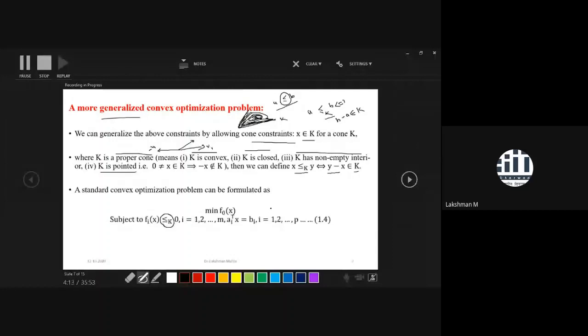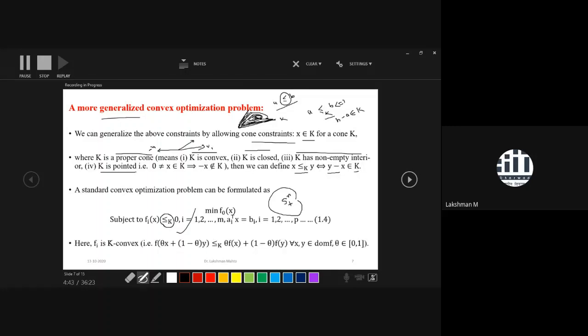If you take the collection of all semi-definite matrices, that is S_n plus, then it forms a cone. So if your feasible set happens to be this kind of thing, then you have to go for this kind of problem. But we won't discuss those problems here in this course. Just for a generalization perspective, I have given it here.